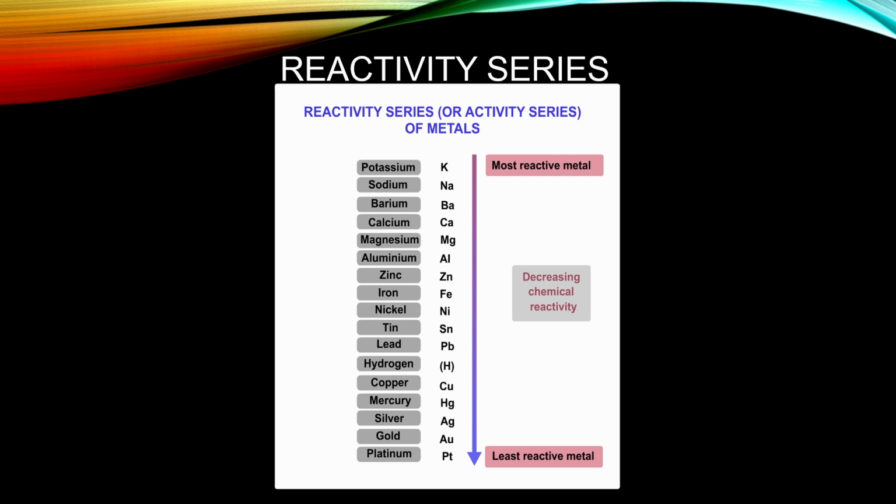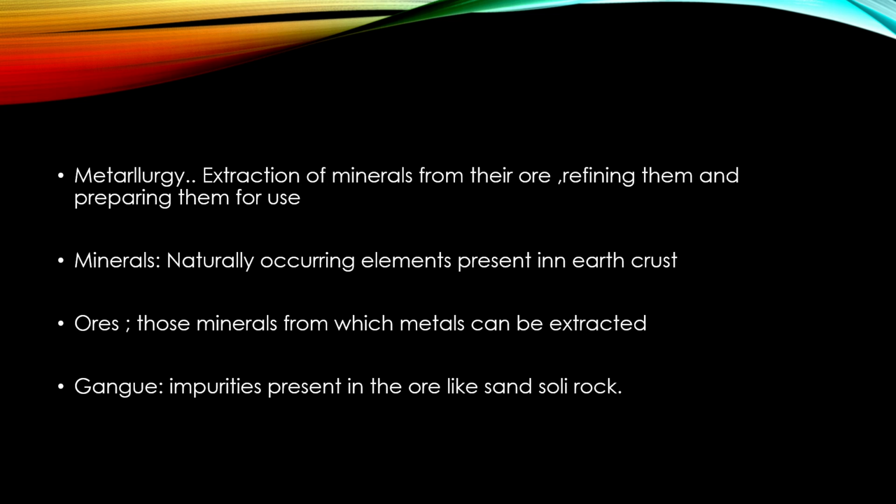These are some of the definitions. Metallurgy is the extraction of metals from their ores. Minerals are naturally occurring elements or compounds present in the Earth's crust. Ores are those minerals from which metals can be extracted.